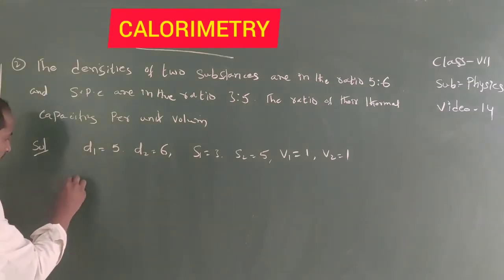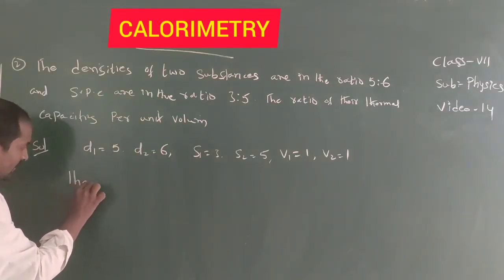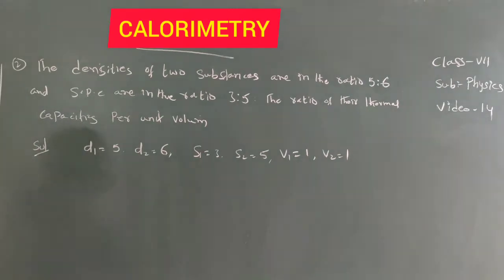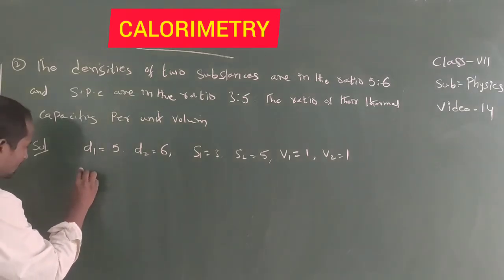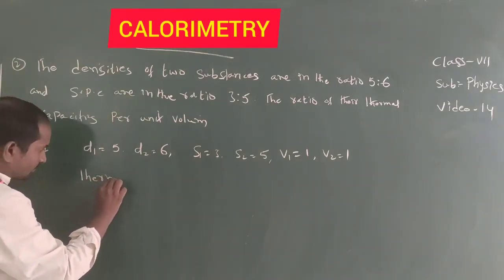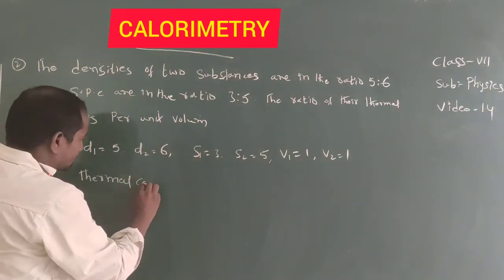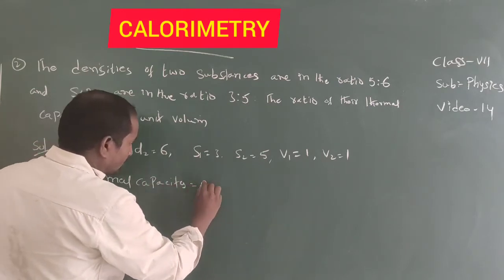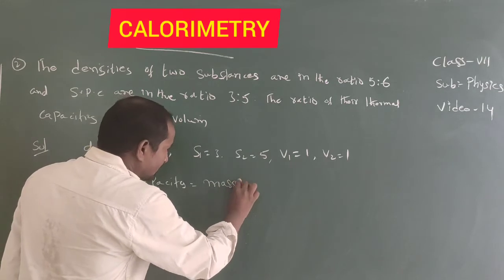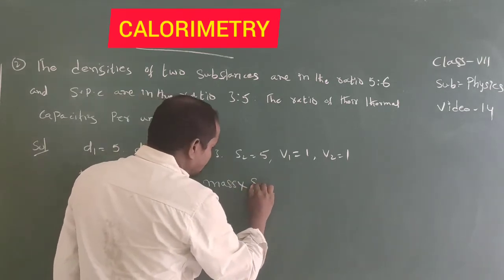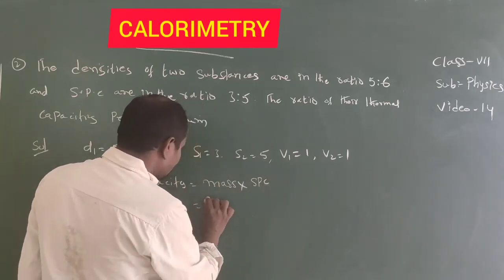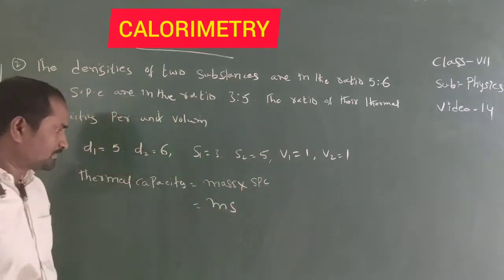So we know that thermal capacity means the product of mass and specific heat capacity. Thermal capacity equal to mass into specific heat capacity, that is M into S.